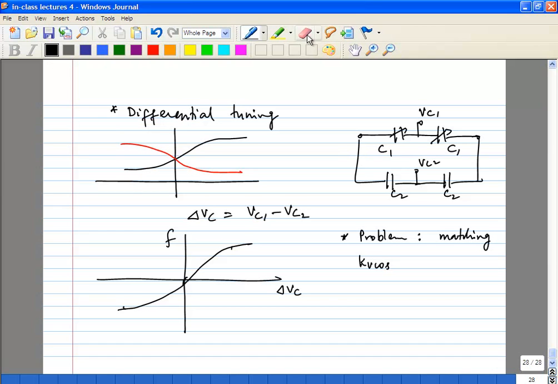Let's say C1 and C2. One of them is constant, approximately constant, in the range where this thing shows extra tuning.